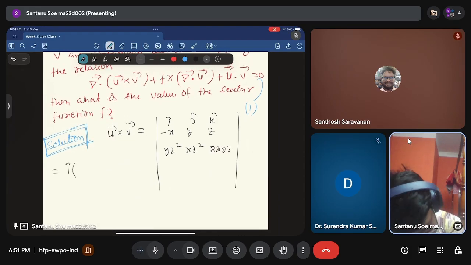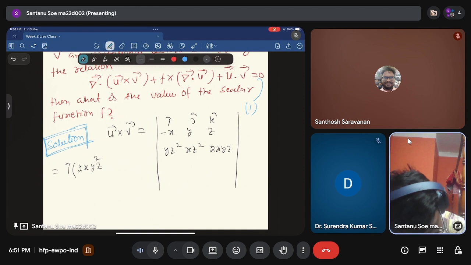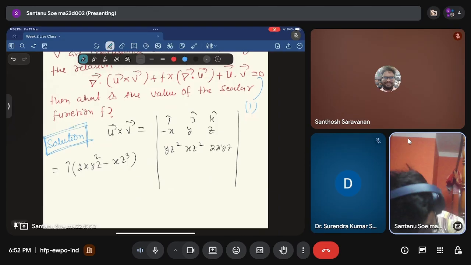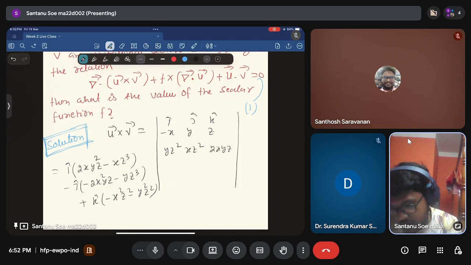This is i cap into 2xy squared z minus xz cube, minus of j cap into minus 2x square yz minus yz cube, plus k cap into minus x square z square minus y square z square. Okay.